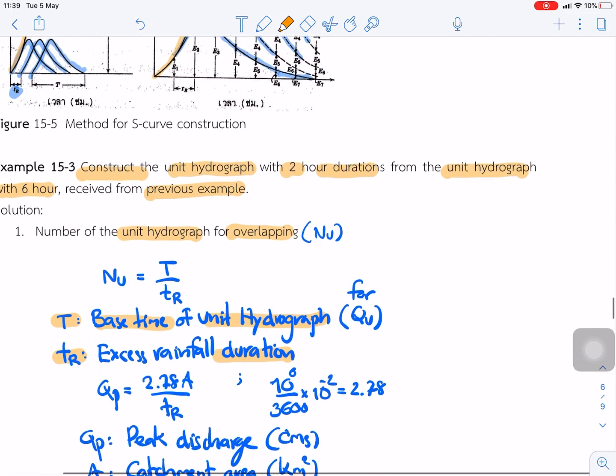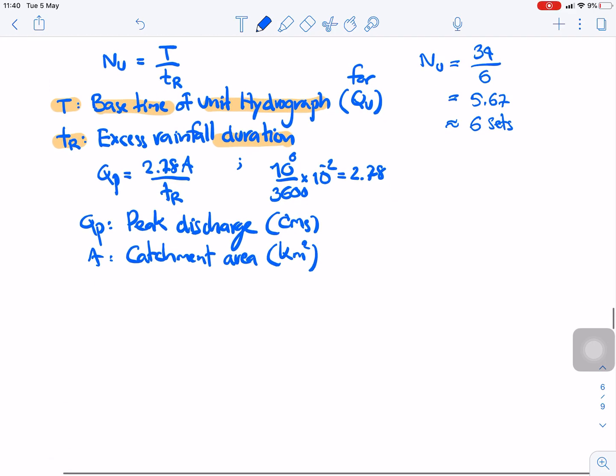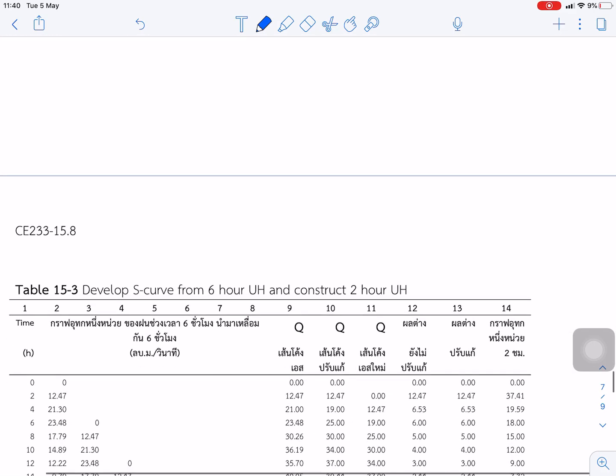So Nu is equal to 34 hours divided by 6, where 6 is the duration of rainfall. It's about 5.67, so we use 6 sets of the unit graph.